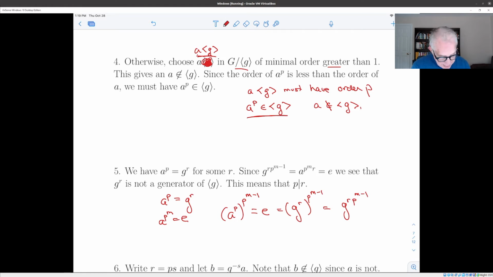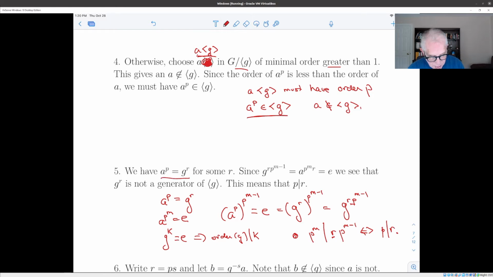And if this power of G is the identity, then the power has to be divisible by the order, right? If G to the K is the identity, then that tells us that the order of G divides K. So in our case, the order of G is P to the M, and that divides R times P to the M minus 1. And the only way that can happen is if there's at least one P in R.